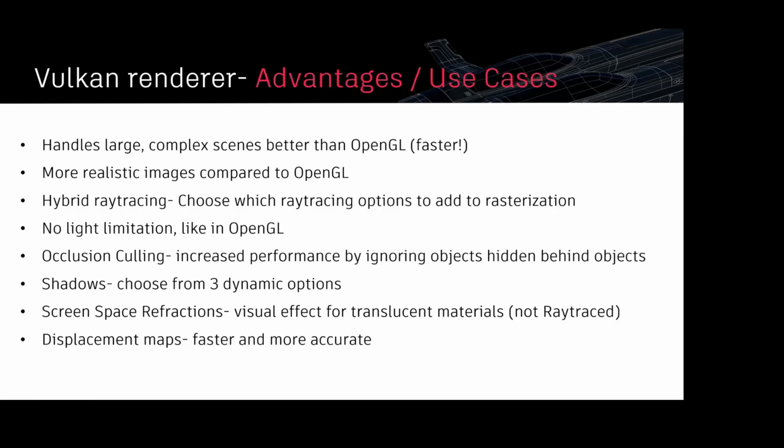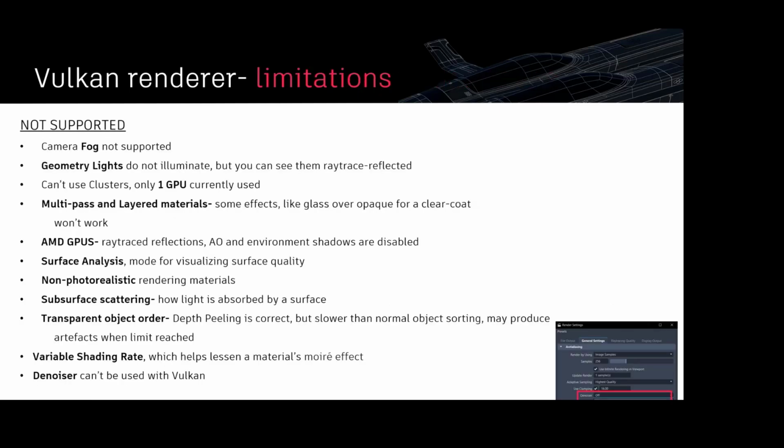Refraction is the visual effect that we didn't have in OpenGL, and now displacement maps are faster and more accurate. A few things not supported in Vulkan currently are fog and geometry lights. They don't cast light, but you can see them reflected on other surfaces.